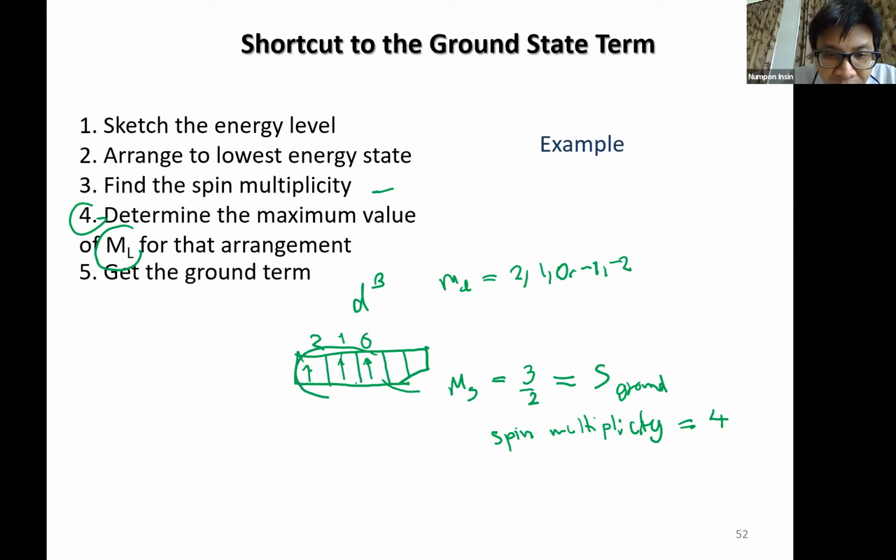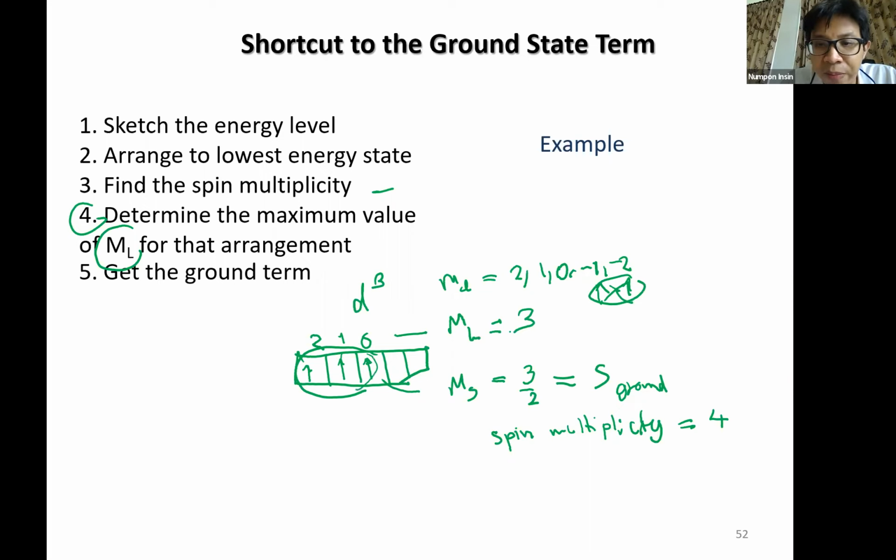These three have to stay on these three values, not on minus 2, minus 1, right? I don't want the low numbers, so I put these three onto 2, 1 and 0. So the maximum ML that I can get is 3.